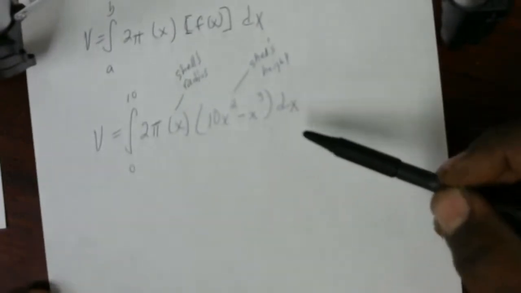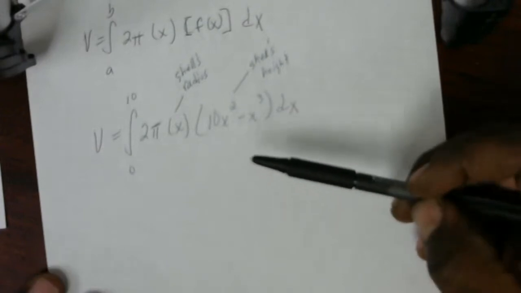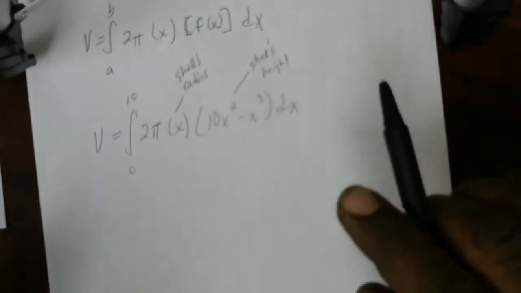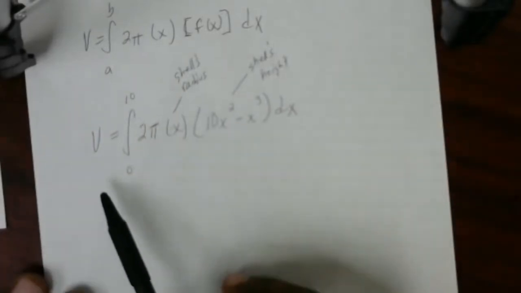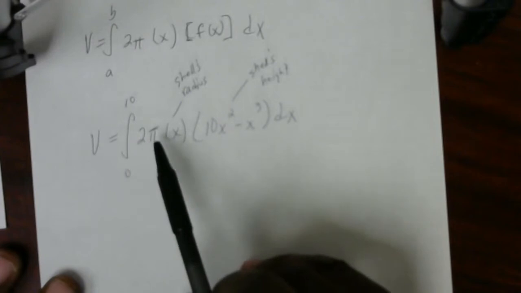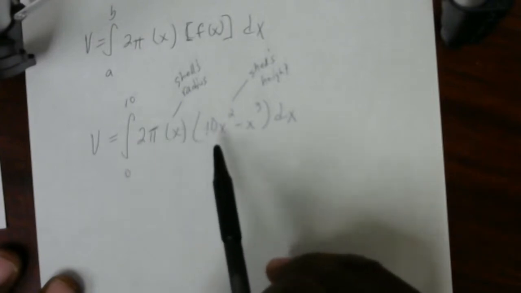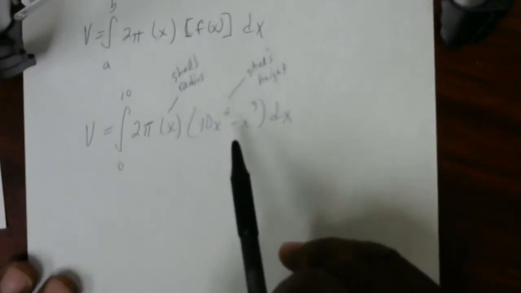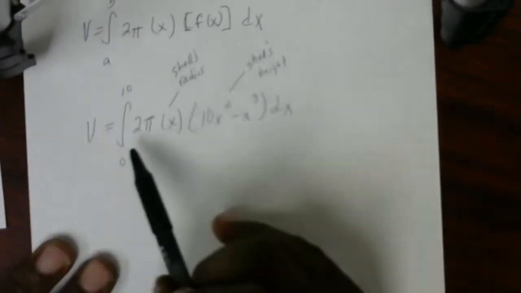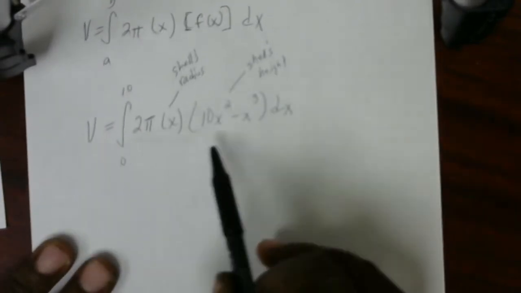Now, we're going to use the calculator to make the math on this a little bit less complicated. But initially this is our setup. We have the integral from 0 to 10 of 2 pi times x times 10x squared minus x cubed. Okay. So now I'm going to use the calculator to actually evaluate this.